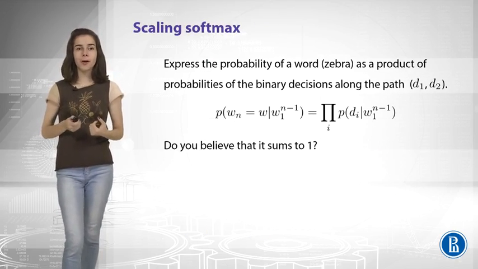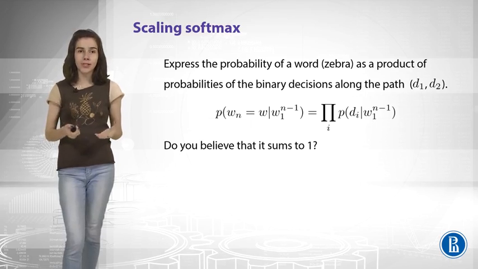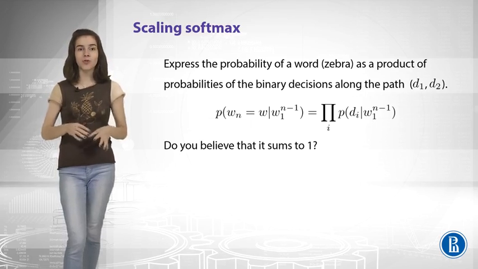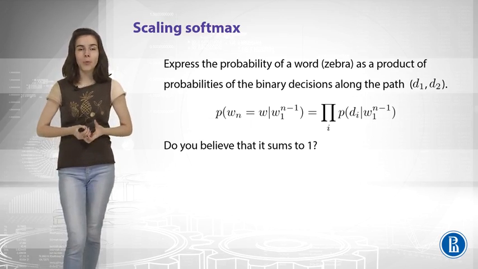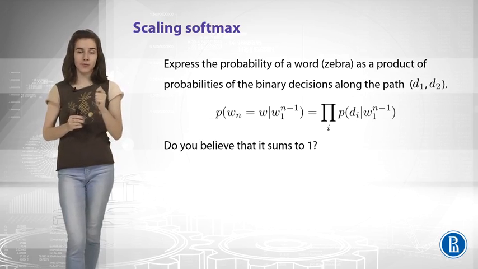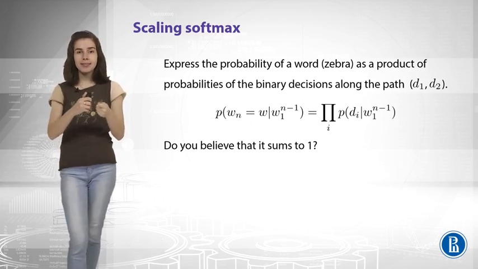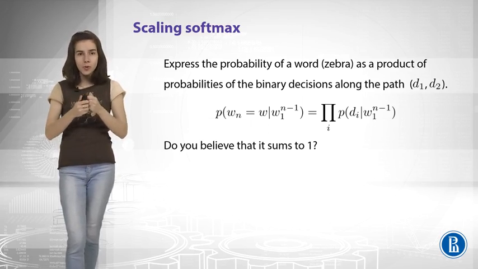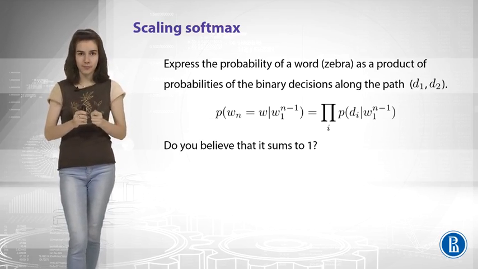This is how we make it. Instead of computing the probability of the word and normalizing it across the whole vocabulary, we are going to split it into separate terms. Each term is the probability of the digit, the probability of the next decision in the tree, whether to go to the left or to the right.